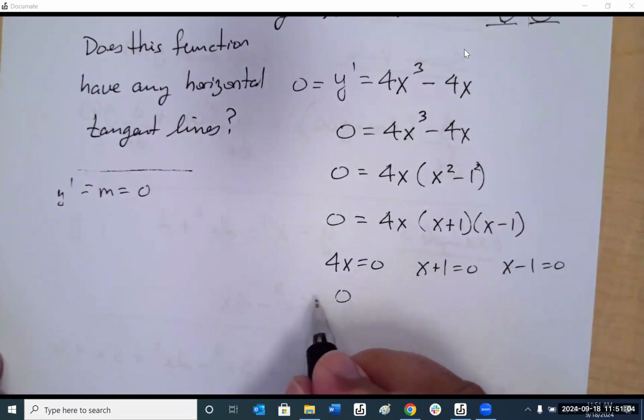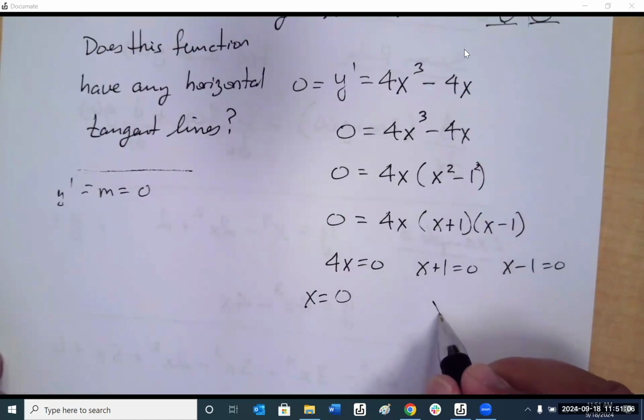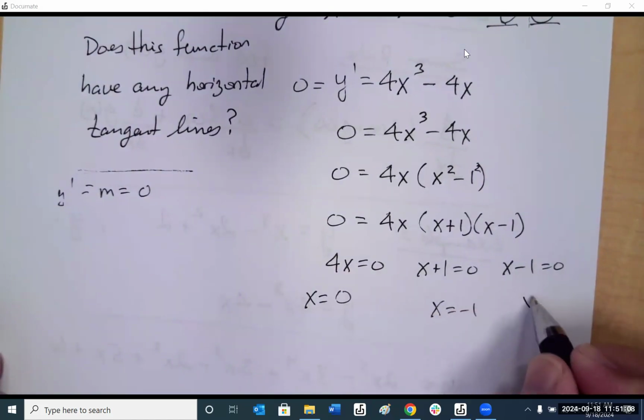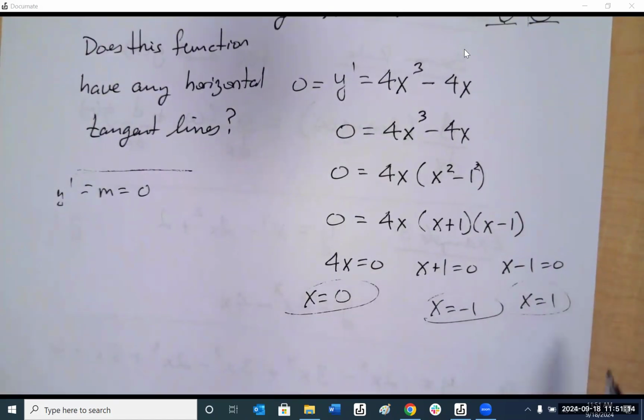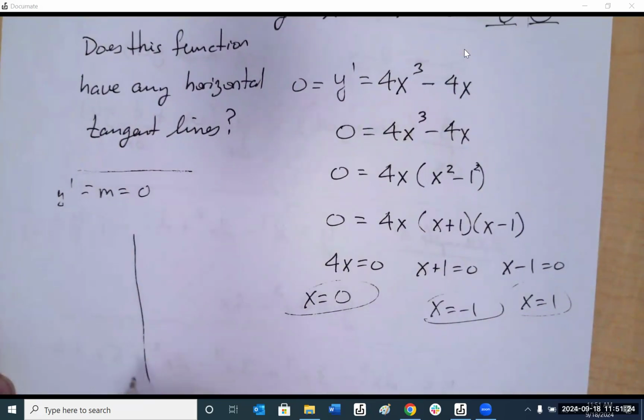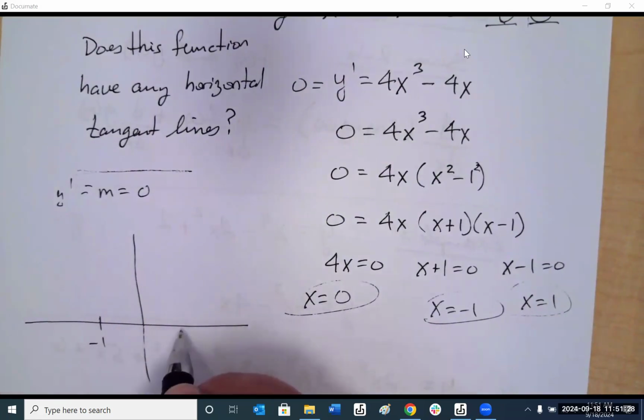So x equals 0 is the first one. These are the x values where the vertices exist. So looking at our graph, we know at -1, +1, and 0, we have a vertex.